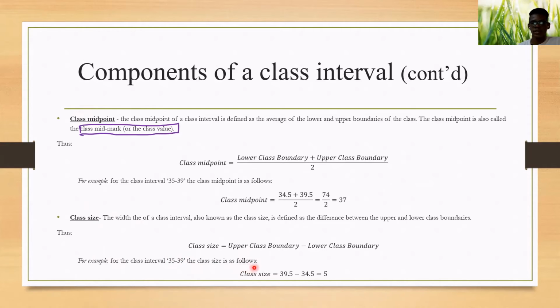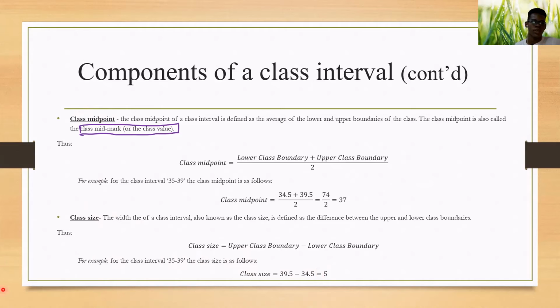The class size goes as follows. Class size is equal to upper boundary 39.5. Again, just add 0.5 to get your upper boundary, and minus 34.5. Again, subtract 0.5 from the lower limit. That's how we got 34.5, and you will get 5 as your class size.